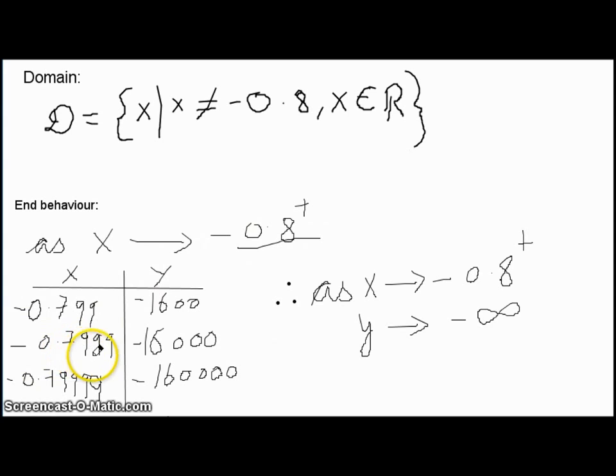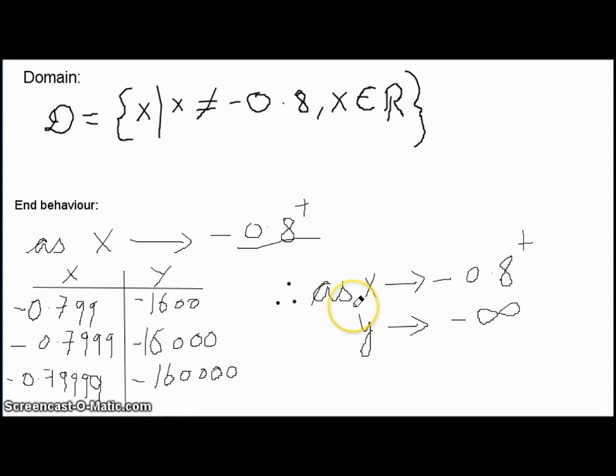The numbers close to -0.8 are -0.799, -0.7999, -0.79999. We sub in these x values in our calculator and we get the y values: -1600, -16,000, and -160,000.